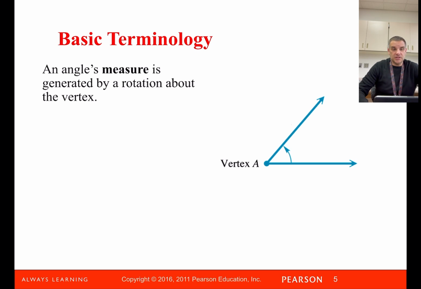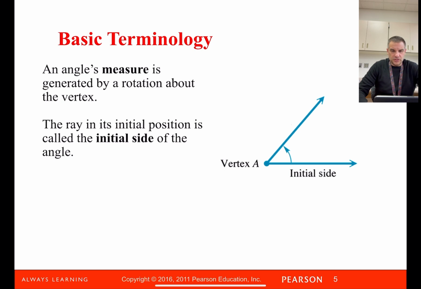We can get that angle measure by rotating about the vertex. So that angle measure can actually change, and that's what's going to happen a lot in the stuff that we do today, is that angle measure itself is going to change. And we're actually going to work on rotating it around the coordinate plane. Okay, so there's two sides. Obviously it has two sides.